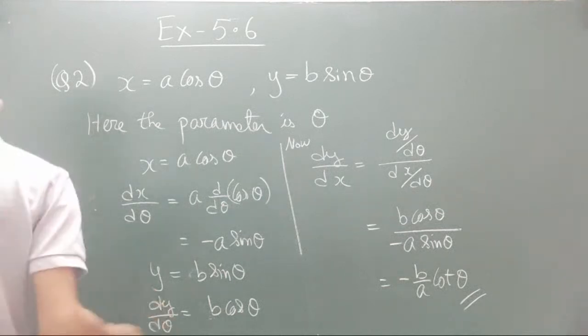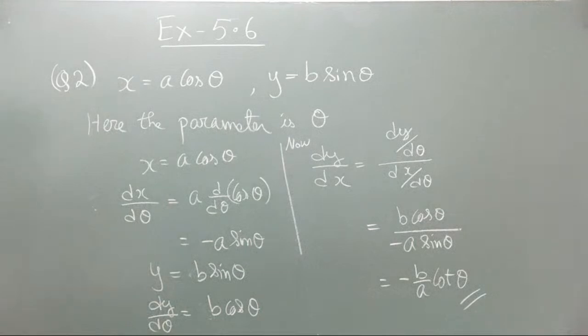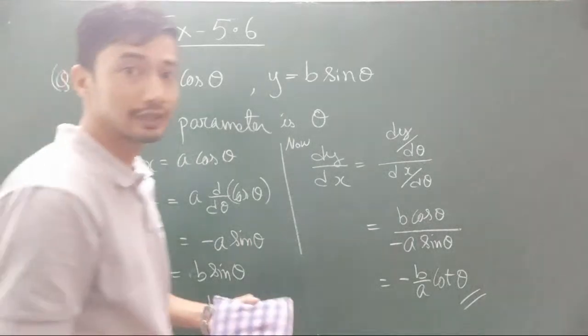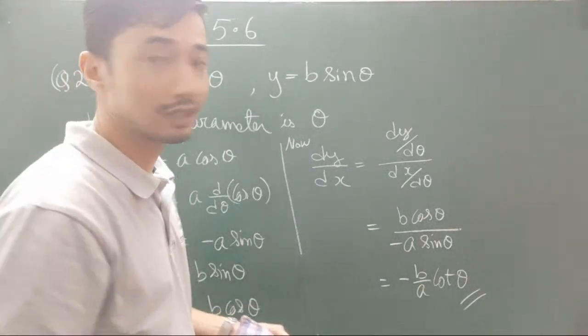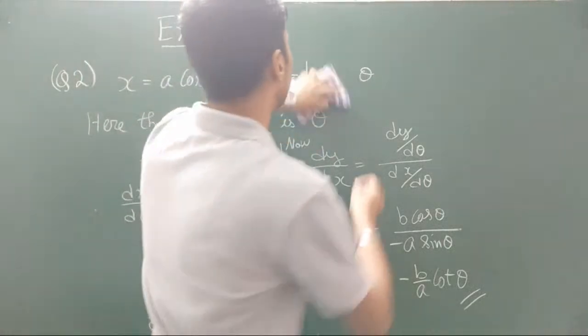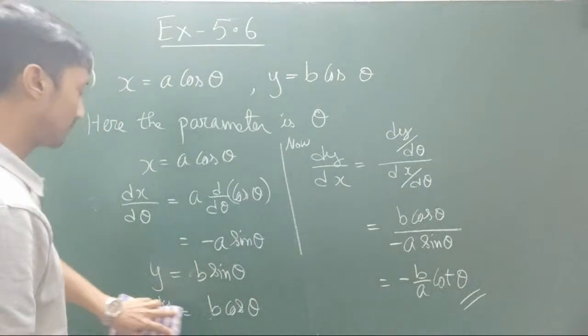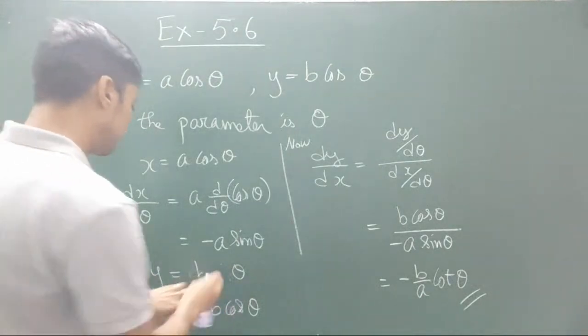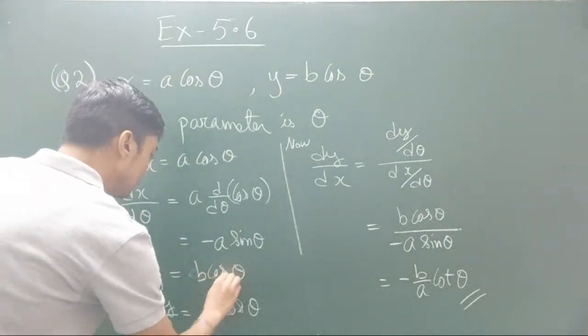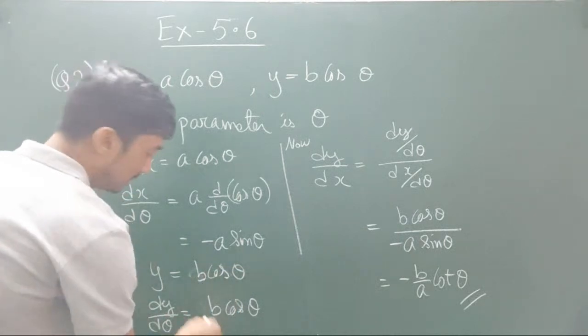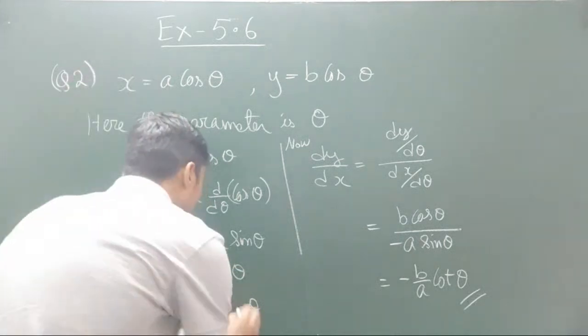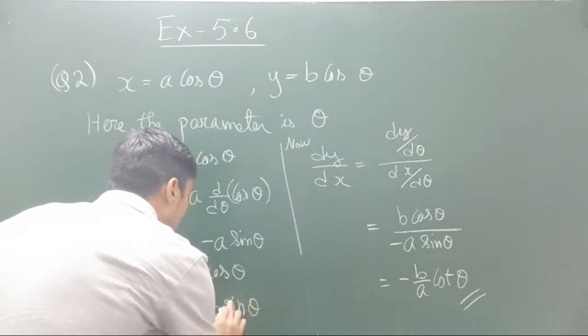Sorry, the question was wrong here. Nobody told me also. That means you're not writing it down. Yes, Hilal is telling me y is b cos theta. Yeah, correct. So the answer in that case would be simple, because if y is b cos theta, then the derivative will be minus b sin theta.